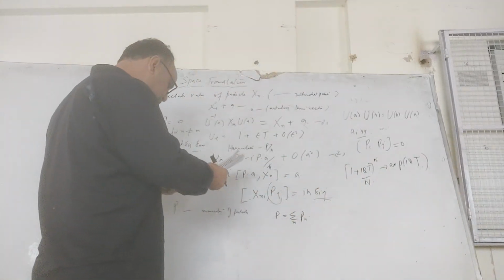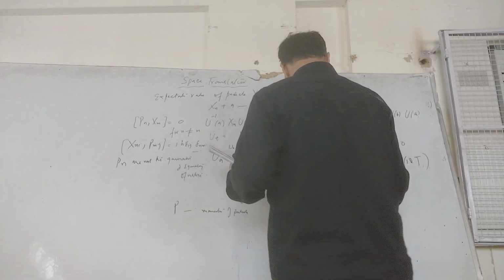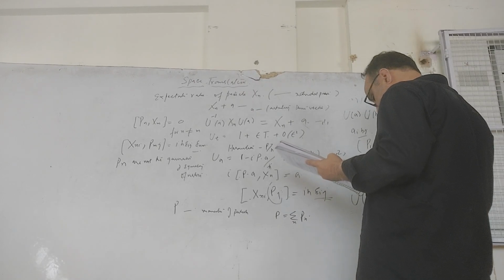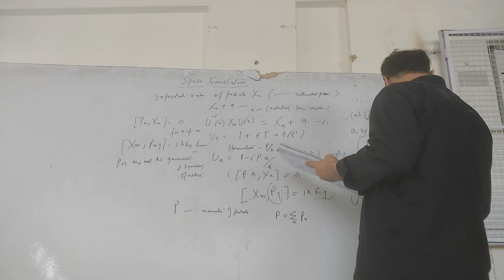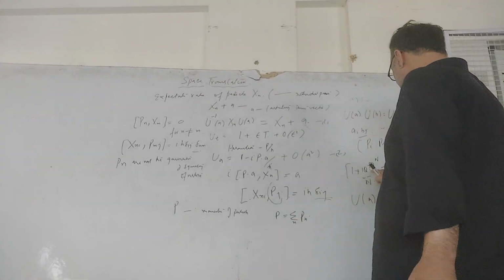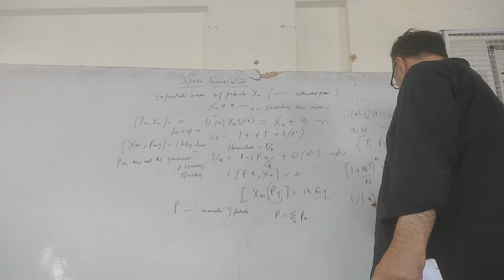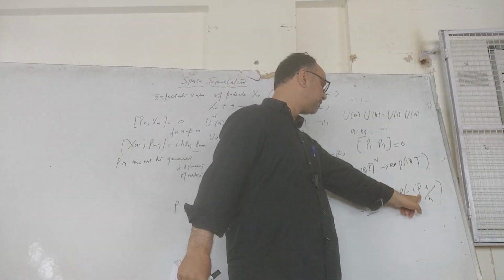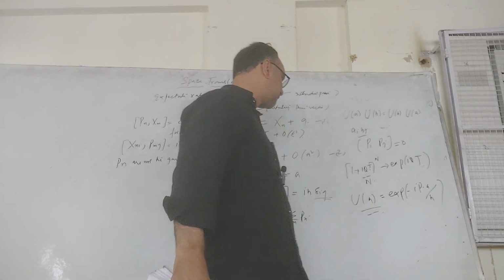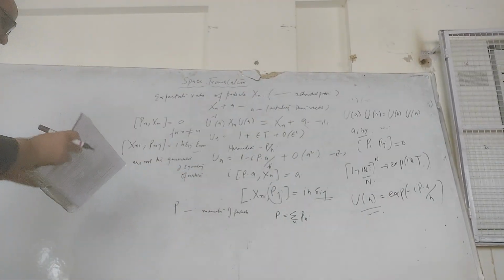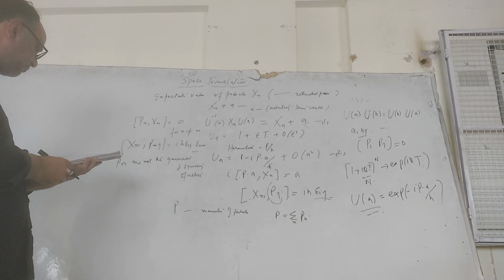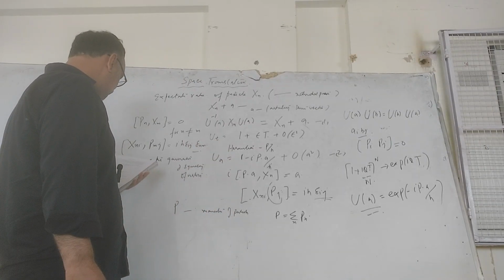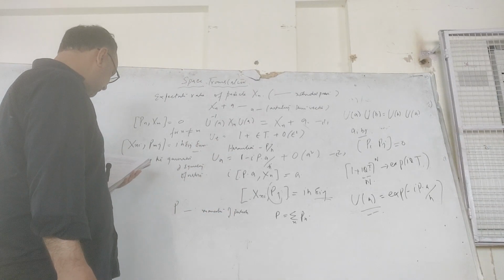So if you use the same logic here, U_A can be written as exponential of minus i p dot a by h-bar. So it's the unitary operator in terms of momentum, which has symmetric properties and can be written like this. This is a very simple example of derivation of a commutation relation from the structure of the transformation group.